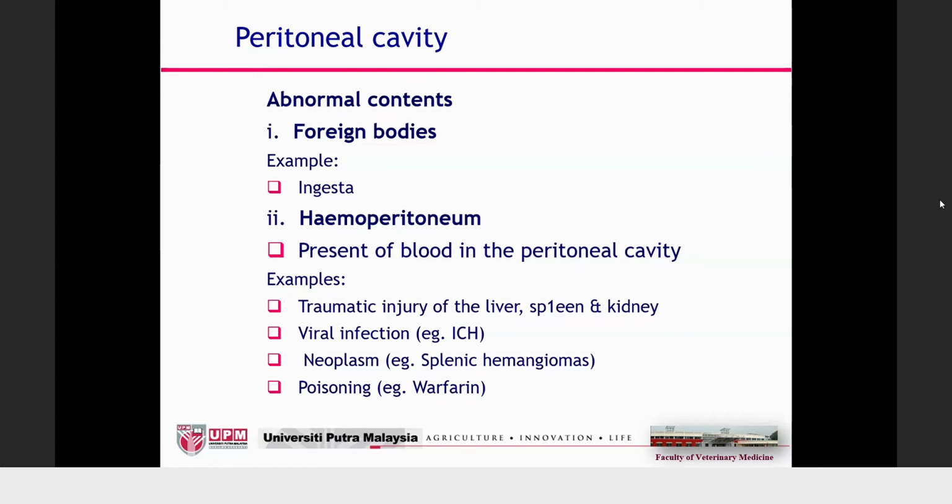This is also very important for you to be able to differentiate, because occasionally when we conduct necropsy, there's a tendency for us to accidentally hit a blood vessel.